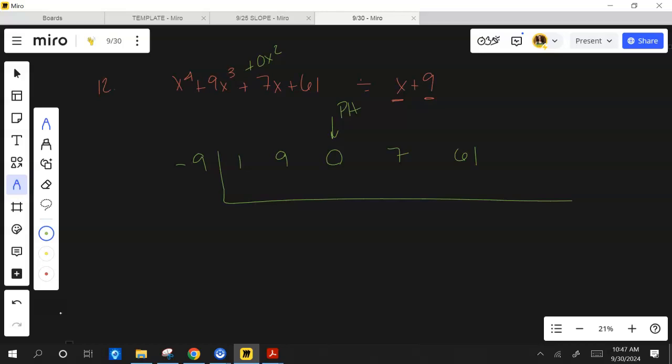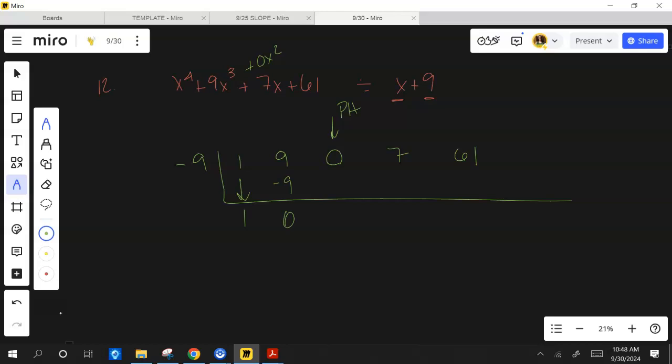Do it on the paper. That's fine. Drop it. What is 18 times 9, everybody? Multiply. Add.